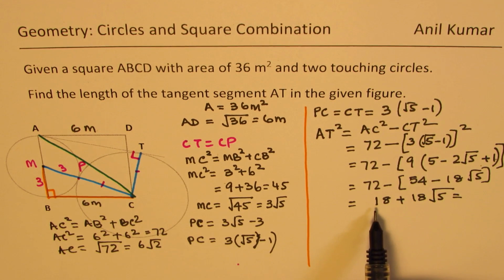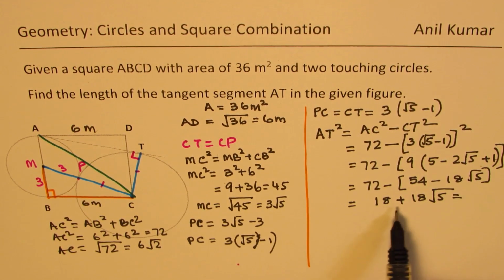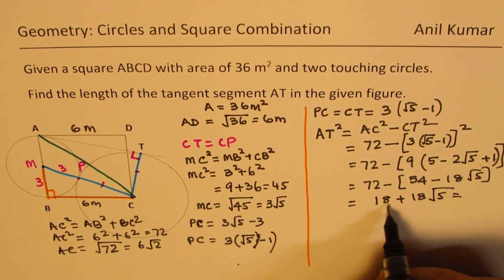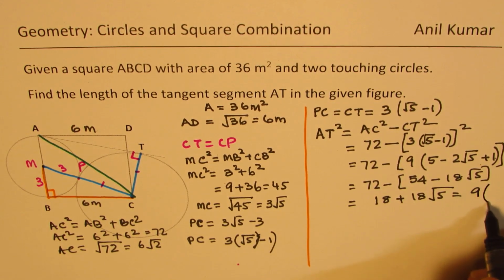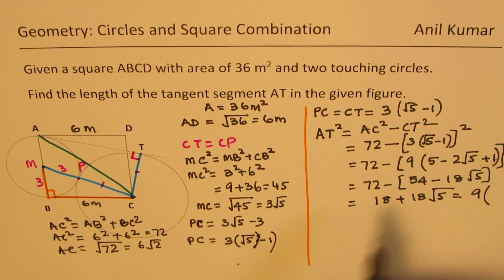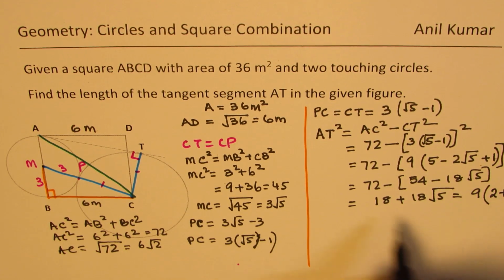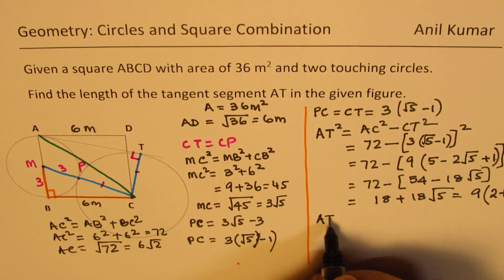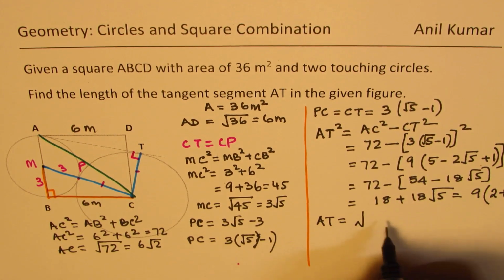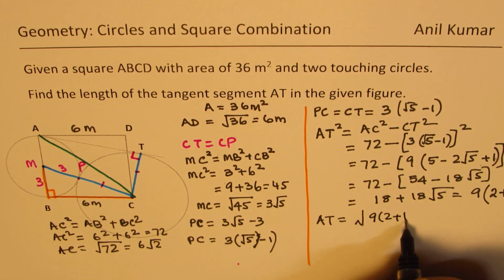Well, 18 can be written as 9 times 2, right? So we can actually take here 9 common, and we get 2 plus square root 5, right? Now AT will be equal to square root of all this, which is 9, 2 plus square root 5.